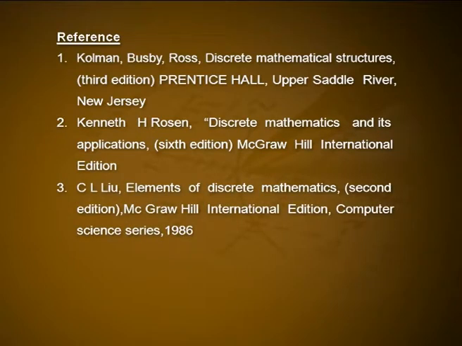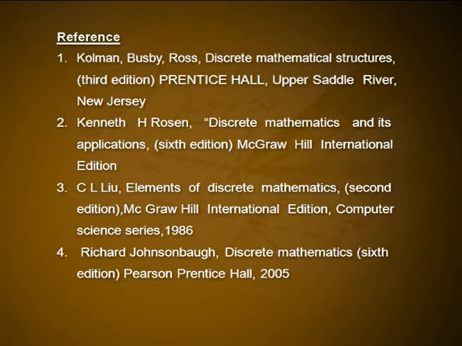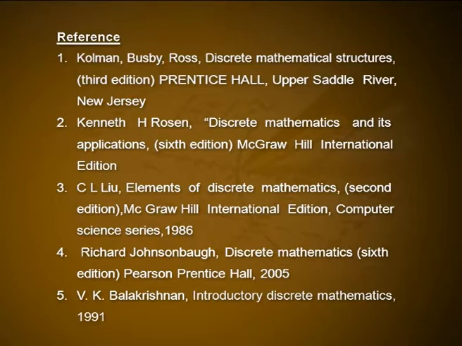Third one, Elements of Discrete Mathematics, 2nd edition by C. L. Liu, by McGraw-Hill International Edition, Computer Science Series 1986. Fourth one, Discrete Mathematics by Richard Johnsonbaugh, by Pearson Prentice Hall in 2005. Fifth one, Introductory Discrete Mathematics by V. K. Balakrishnan in 1991. With this, we come to an end of the session on trees.